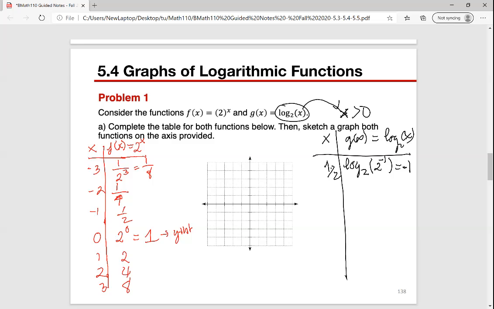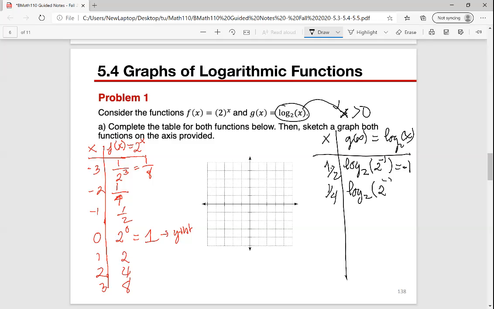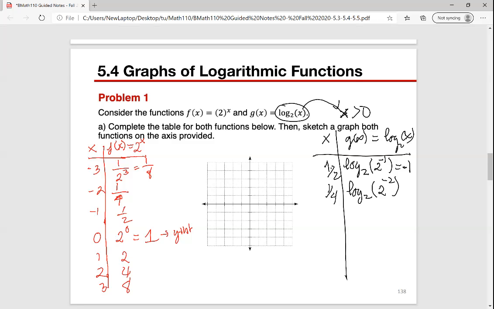I don't want to make something hard. So maybe I'll choose something like 1/4 also. So log base 2 of 2 to the power negative 2. Remember that 2 to negative 2 is 1/4, right? So it equals negative 2, right?